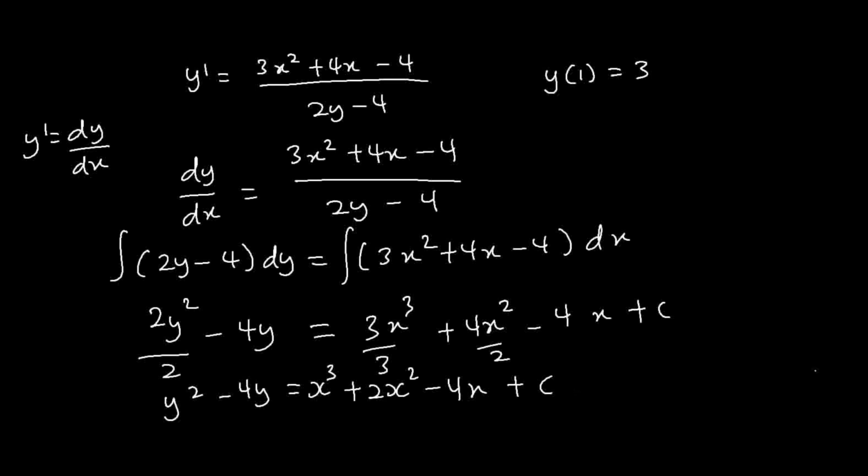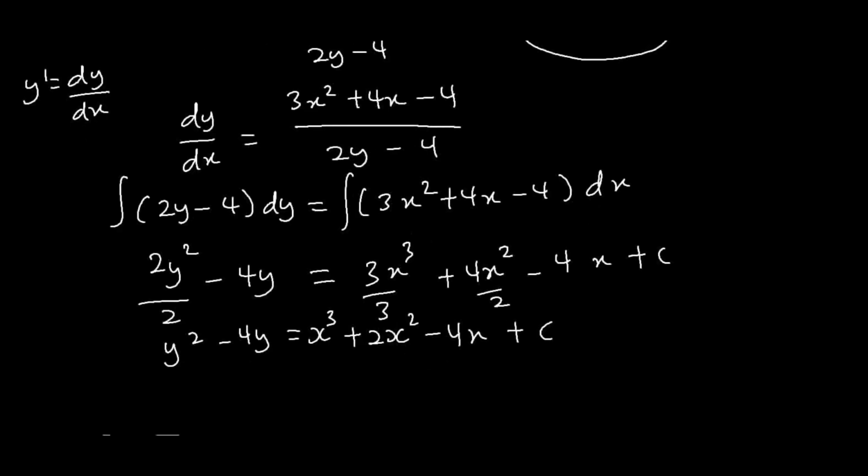Okay, so we've been given this initial condition here as y of 1 equals 3. So to get a particular solution for this differential equation, we're going to substitute the condition given into the general solution. So let's do this.